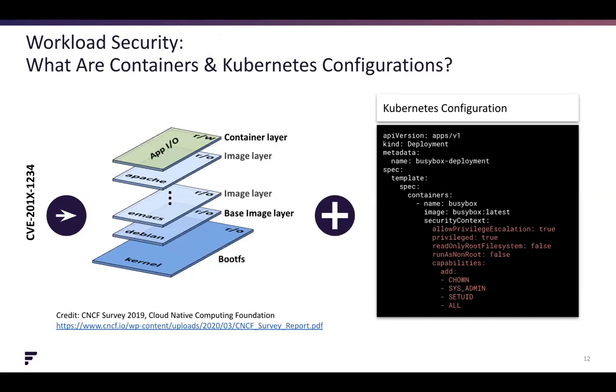We've created a writable file system. We're allowing it to be run as root. We're adding a bunch of capabilities to the container that it doesn't necessarily need. Most applications aren't going to need to add additional privileges to their application. They should run fine with the default configuration or even with a pared down security context from the default.